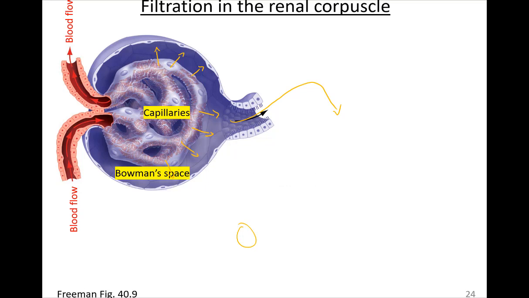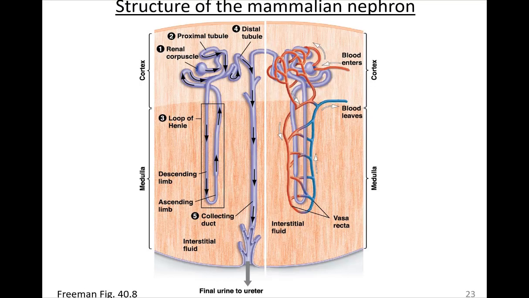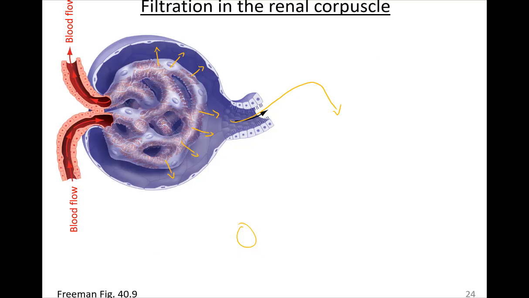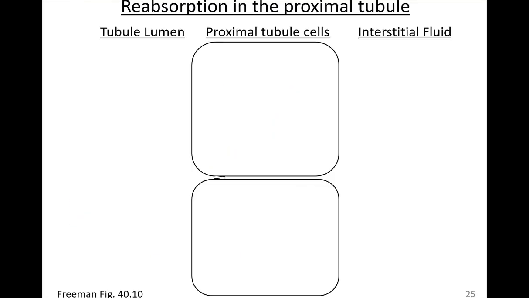So that leads us into the proximal convoluted tubule, and we can think about what happens there. In the proximal convoluted tubule, we have a great deal of reabsorption taking place.